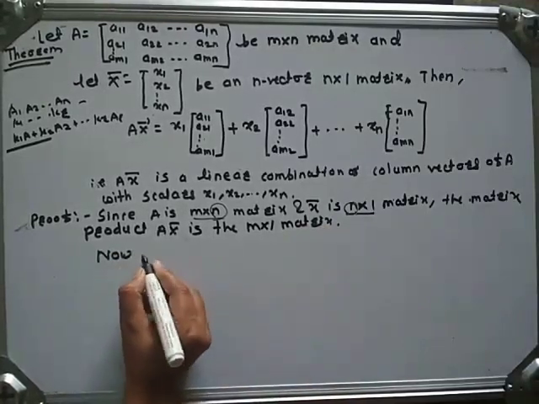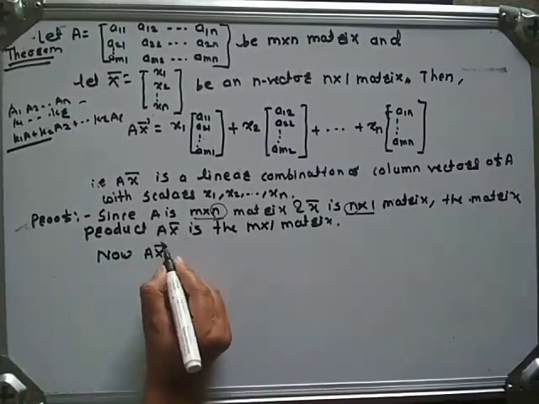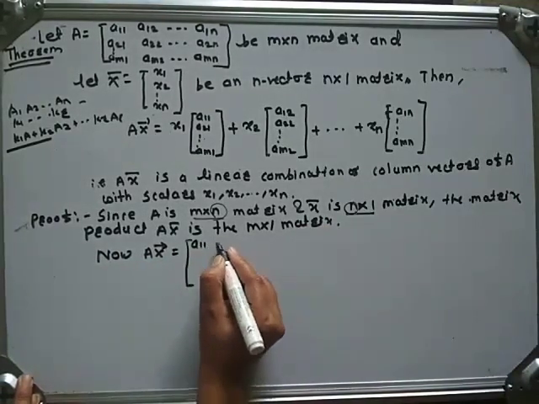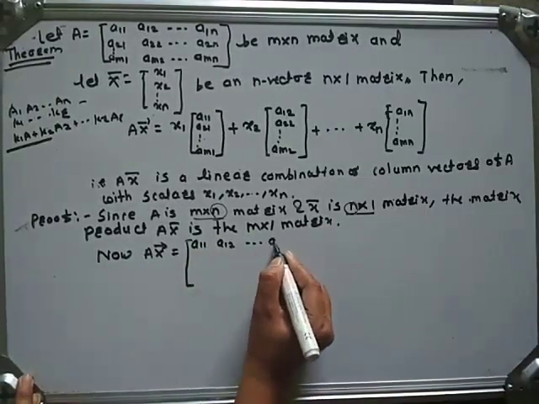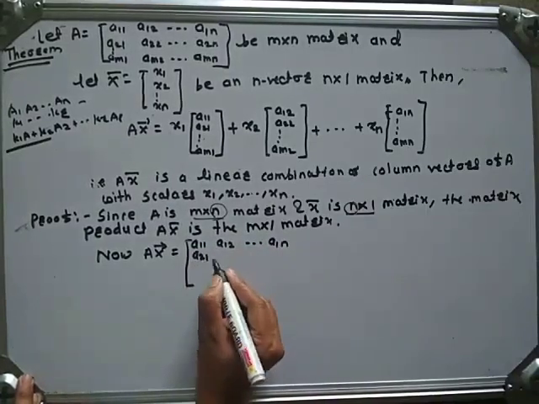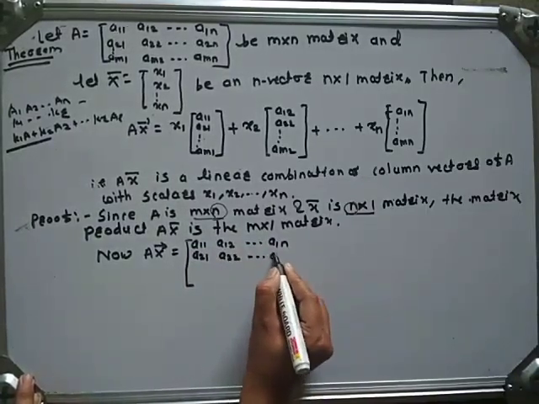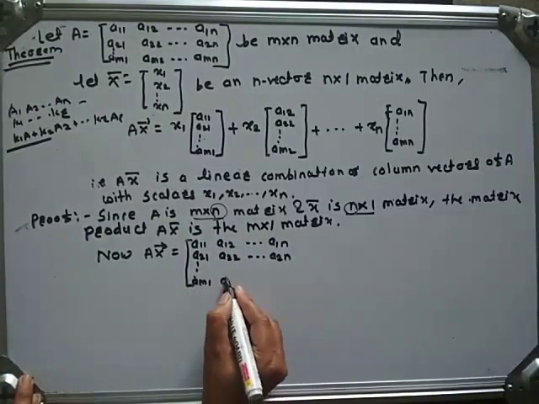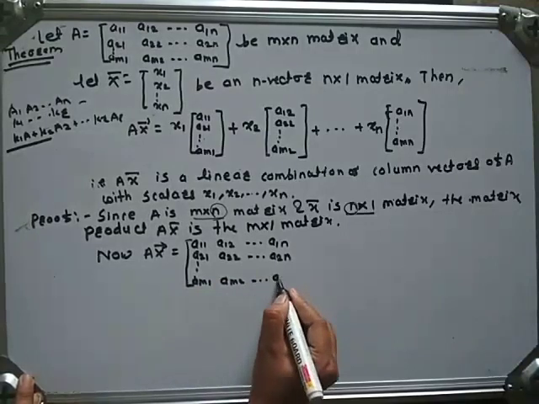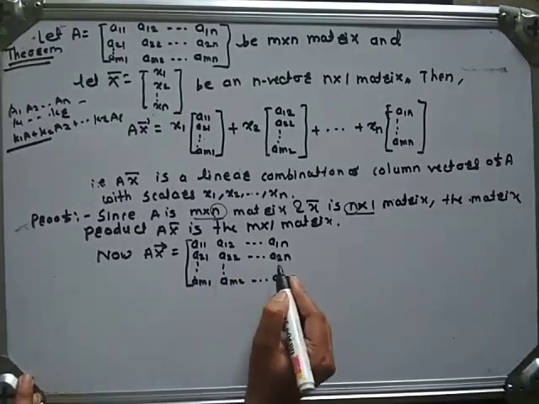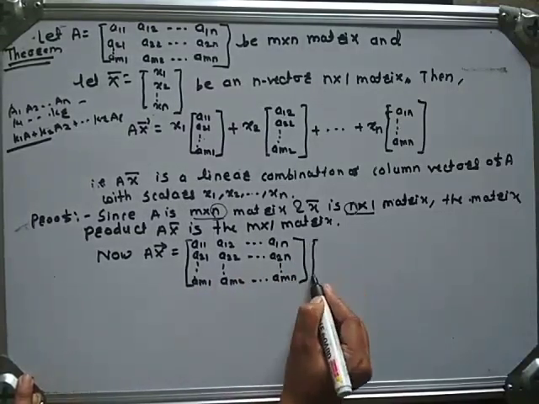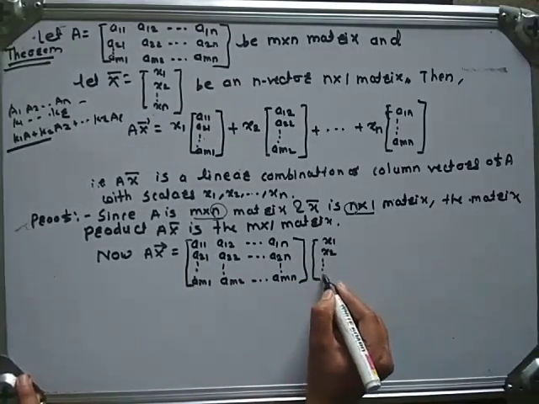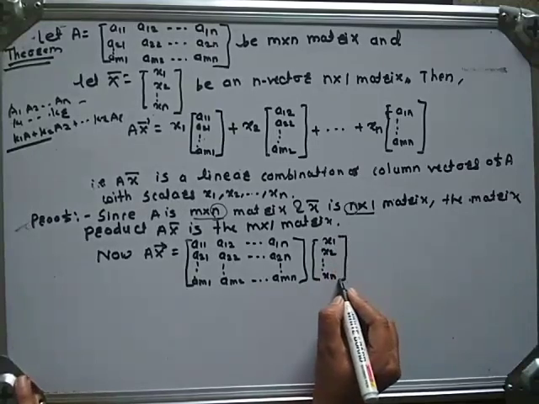Now we compute A x bar, which is equal to, what is A? A is A11, A12 and so on up to A1n, A21, A22 and so on up to A2n and so on up to AM1, AM2 and so on up to AMN, into, what is x bar? x bar is x1, x2 and so on up to xn.